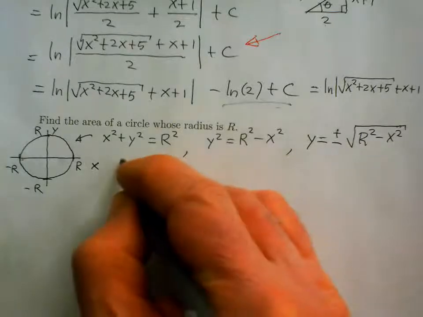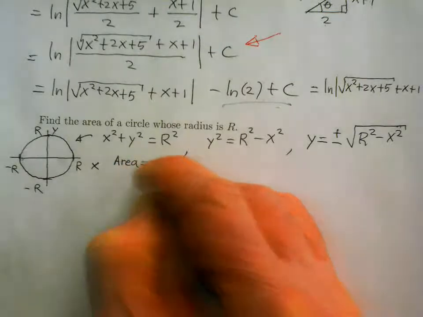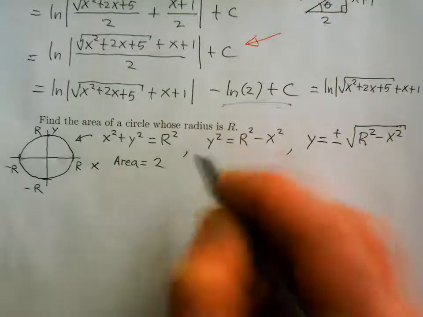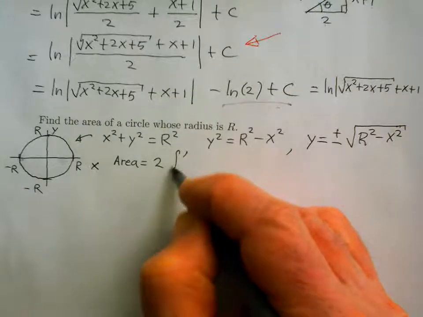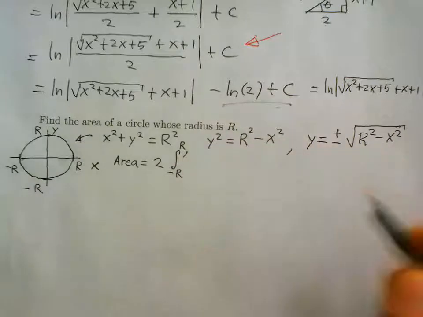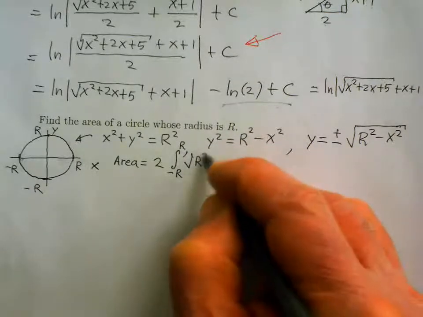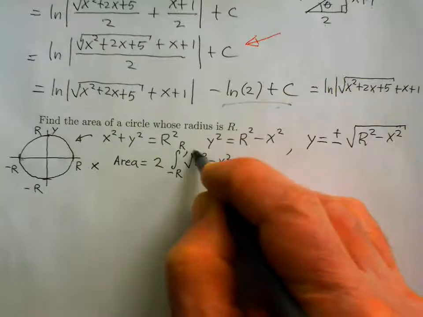So the area of the full circle will be equal to 2 times the definite integral from negative R to R of the positive square root of R squared minus x squared dx.